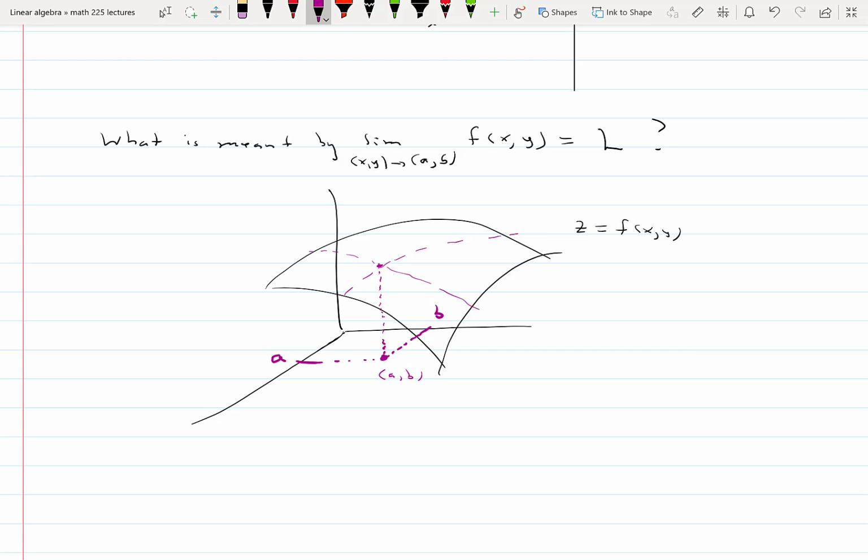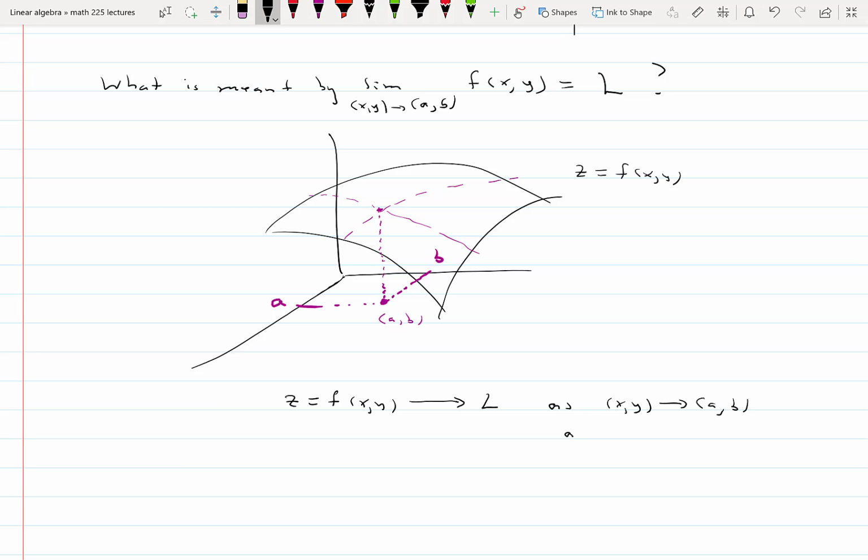So what's meant by the limit as xy approaches AB of f of xy equals L is that z equals f of xy approaches the value of L as the point xy is allowed to approach the point AB along every possible path to the point AB.